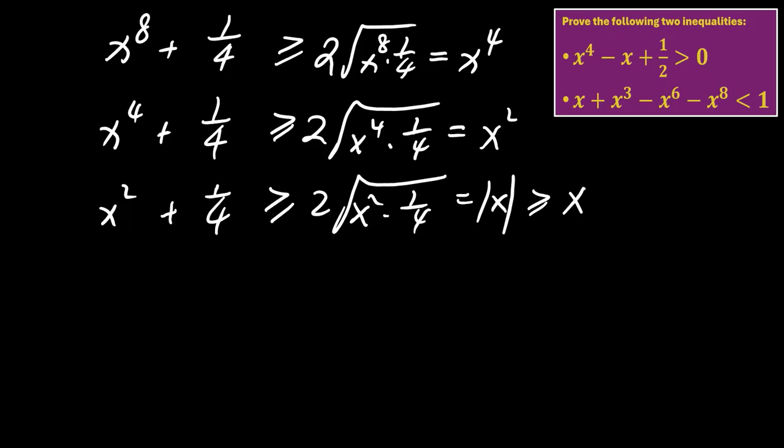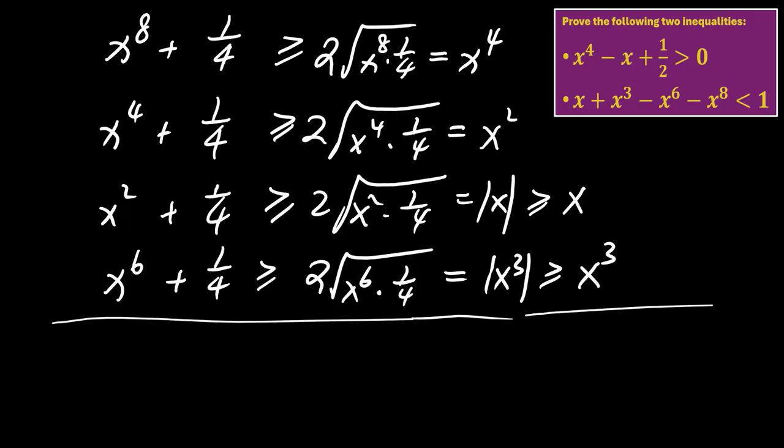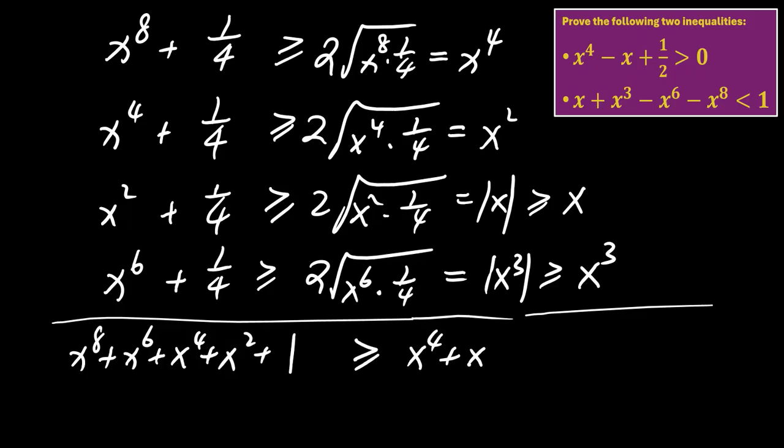And we also consider x to the power 6 plus 1 over 4. This is greater than or equal to 2 square root of x to the power 6 times 1 over 4. And this is modulus x cubed, and this is greater than or equal to x cubed. When you take the sum of these four inequalities, we have x to the power 8, x to the power 6, x to the power 4, x to the power 2 plus 1 greater than or equal to x to the power 4, x cubed plus x squared plus x.